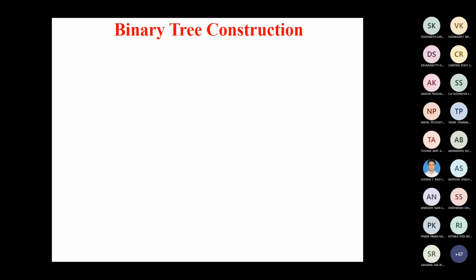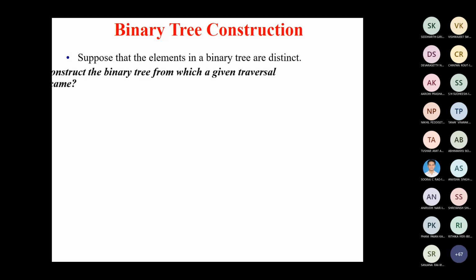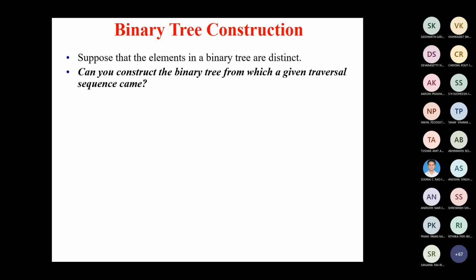Next, we have discussed the traversal methods for binary trees, different types of traversal methods. Okay. Suppose you are given a binary tree consisting of different elements. The question is, can you construct the binary tree from which a given traversal sequence came?